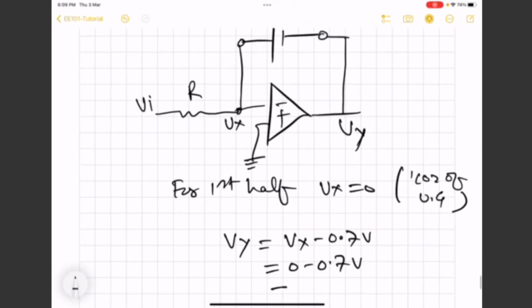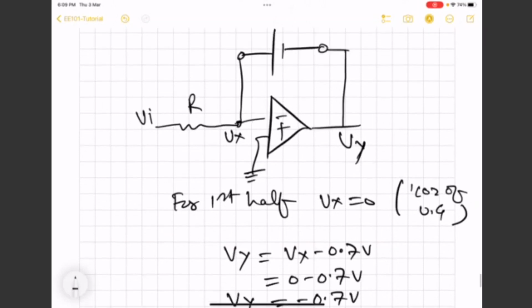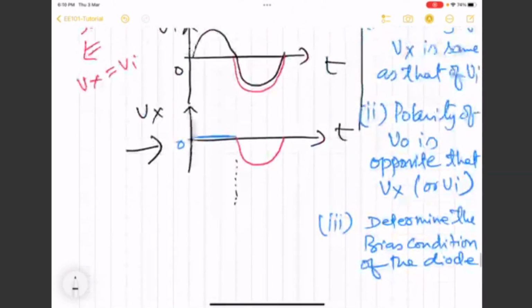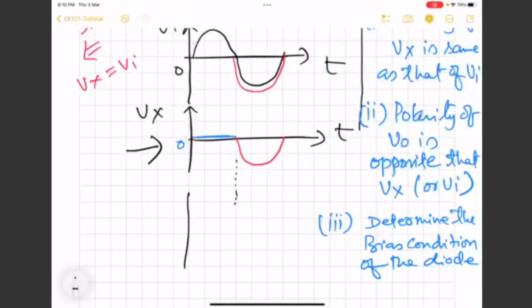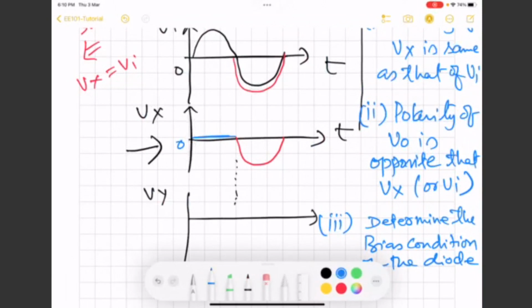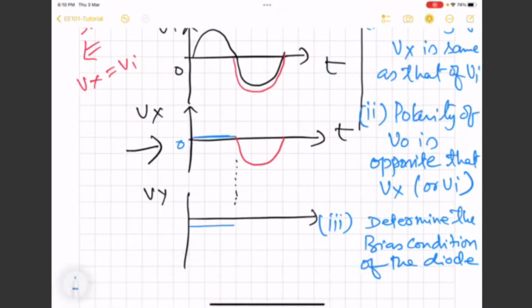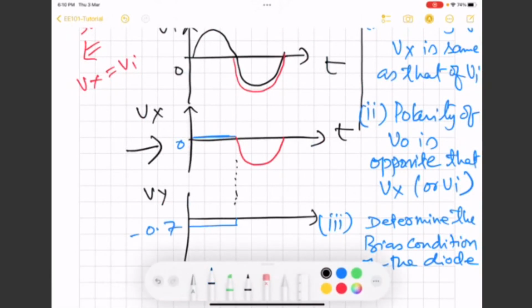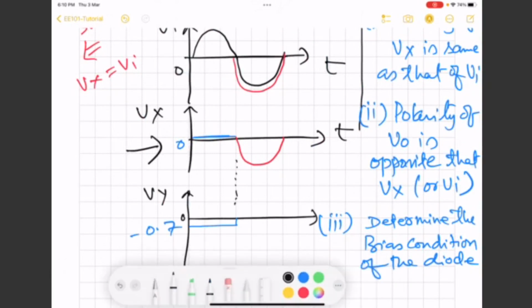So this is going to be minus 0.7 volt Vy. So if we plot Vy, so Vy is going to be minus 0.7 volt, right?